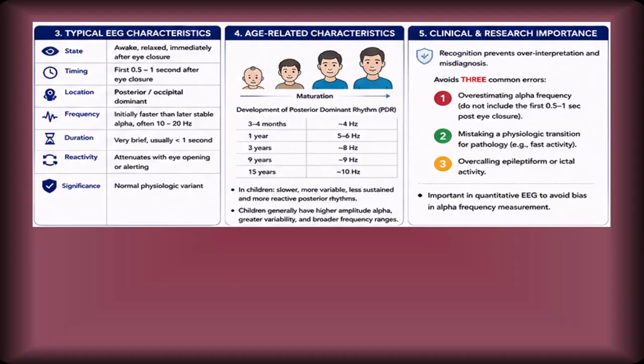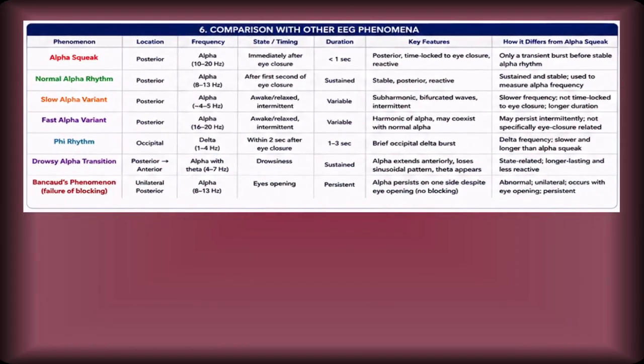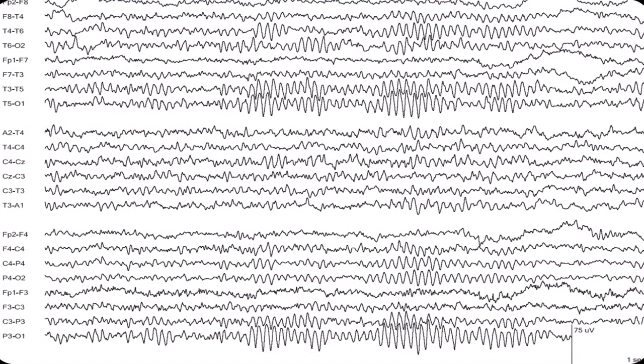Second, the brief physiologic transition may be confused with abnormal fast activity. Third, inexperienced readers may overcall epileptiform or ictal activity. The infographic also emphasizes that alpha squeak may influence quantitative EEG analysis if automated frequency measurements include the immediate post-eye closure period.